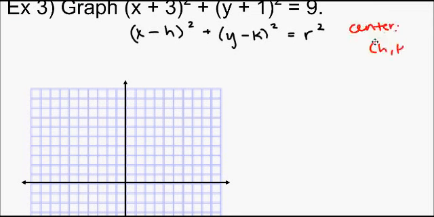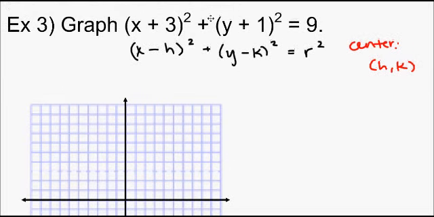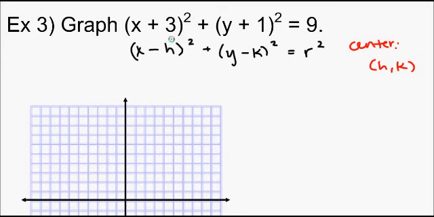Remember, the center is h comma k. So h, I'm looking here, is above the h, but you see we have a different sign. So it's not a 3, it's the opposite of whatever sign this is. So my h is a negative 3. Remember, minus negative 3 gives me a plus. So my center is negative 3, comma, here's my k, and again, that should be a minus, but it's not, so it's going to be negative 1.